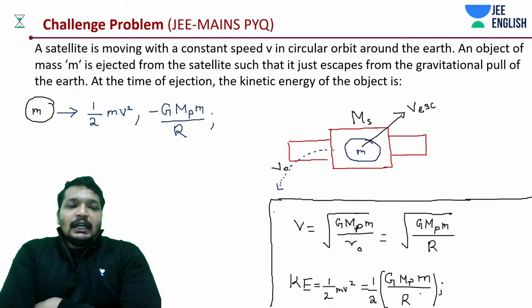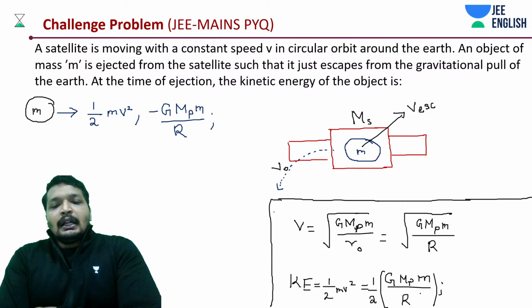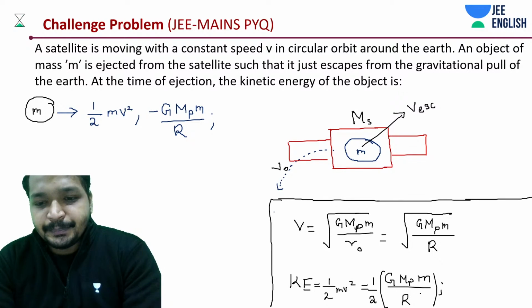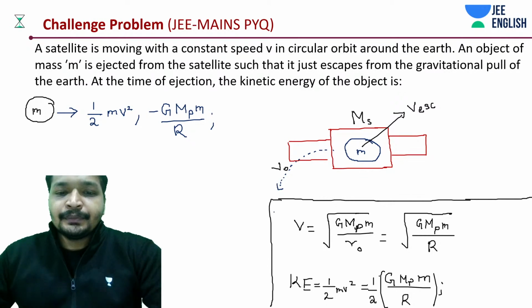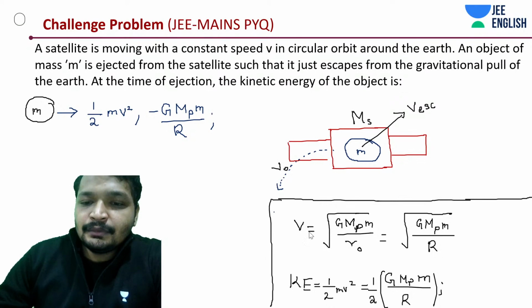From this equation we can write GM m planet by r to be like mv square, isn't it? So this would be like half mv square. What I'm saying is, you have this expression, and you're going to manipulate around this expression. That's what we are going to do.